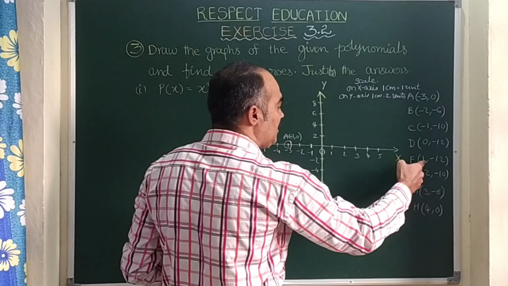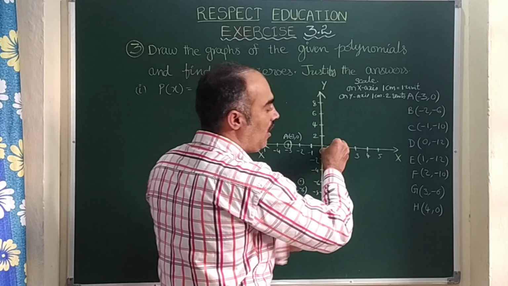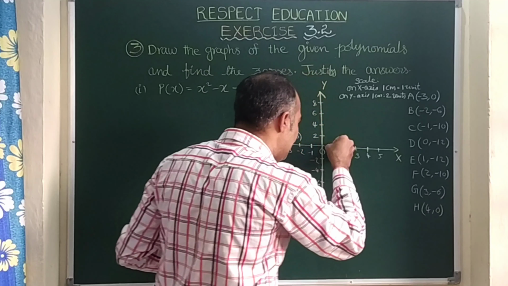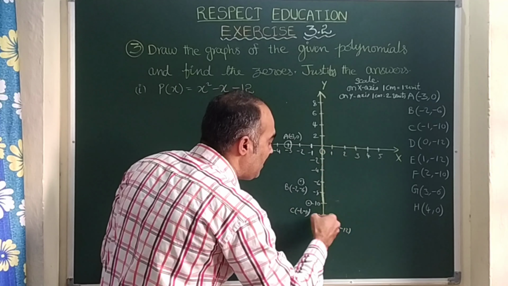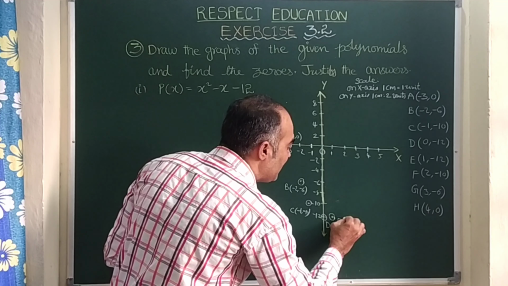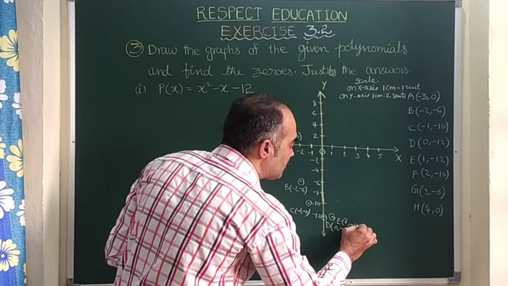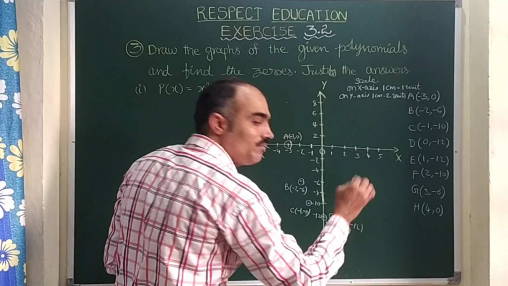Right? Next one is 1. My bike is at 1. On that line I should go to minus 12, meaning down to minus 12. This point indicates 1 and minus 12. This is E, 1 comma minus 12.